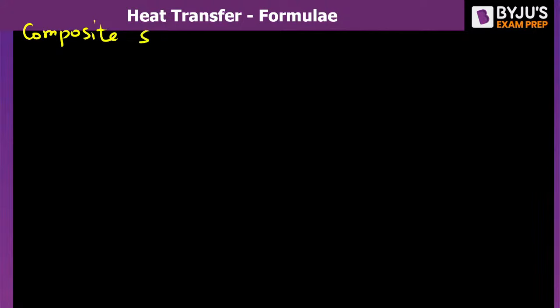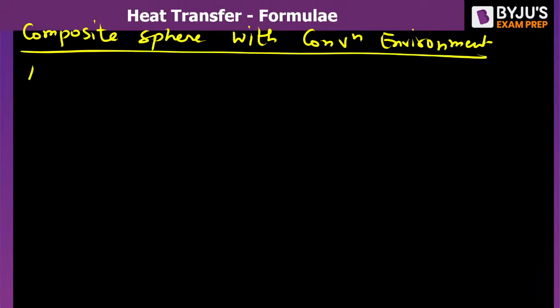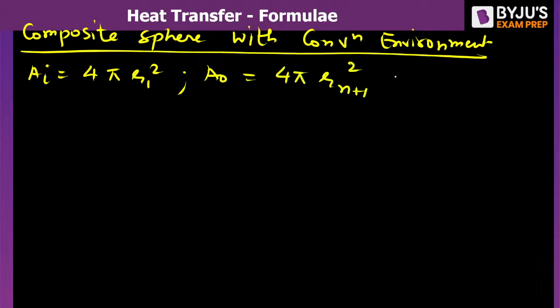Everything else is same. Composite sphere with convection environment. The variable parameters: Ai will be equal to 4 pi r1 square and A naught will be equal to 4 pi r n plus 1 square.